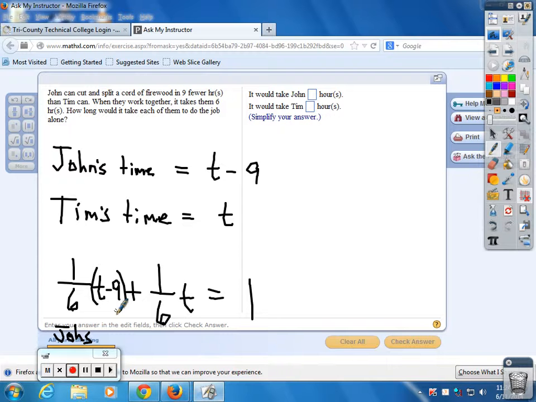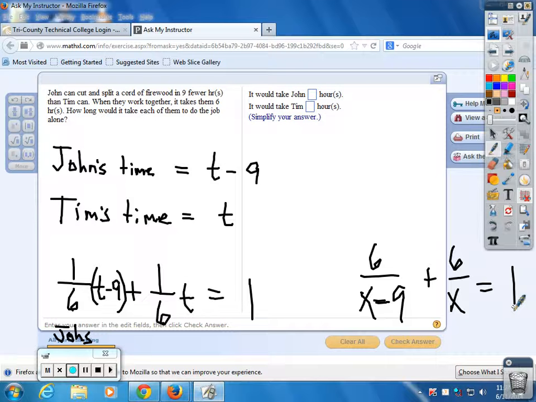We used X: 6 over X minus 9 plus 6 over X equals 1. I have them in the denominator here, and in the numerator there. It'd still be the same thing. Does that one also have to be multiplied by X times X minus 9, the common denominator? Well, when you multiply through, yes.